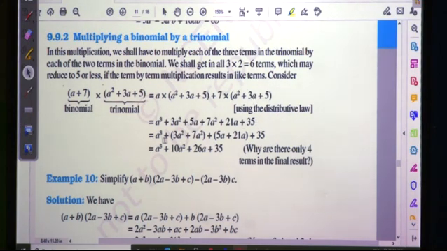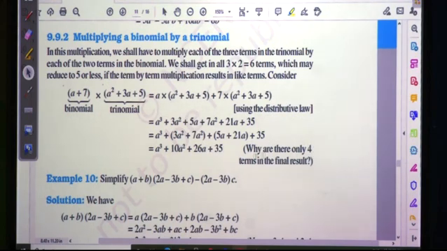So it is a cube plus 3a square plus 7a square plus 5a plus 21a. In bracket we have taken the like terms, a square, a, plus 35. So 3 plus 7, 10a square, 5 plus 21, 26a, plus 35.